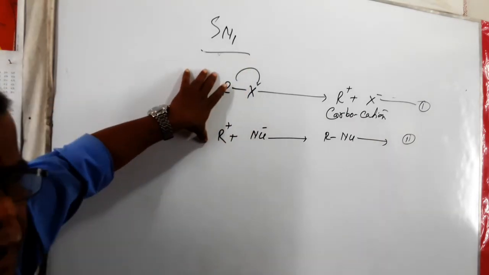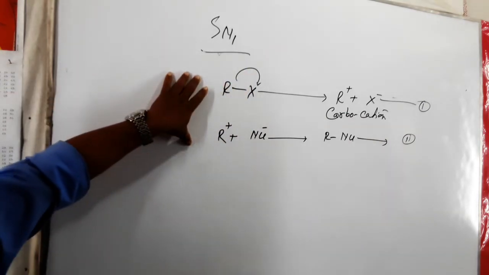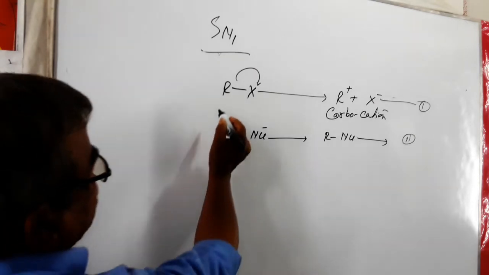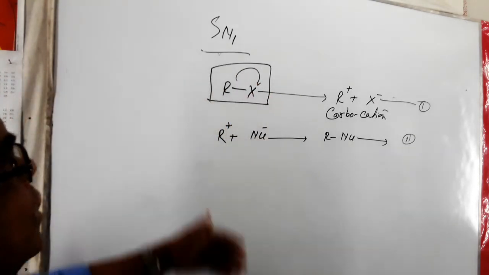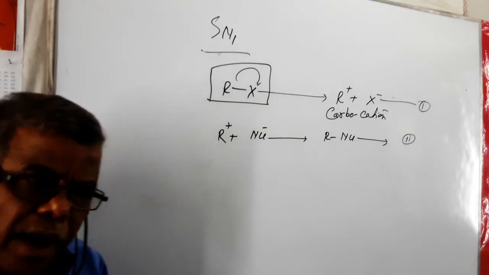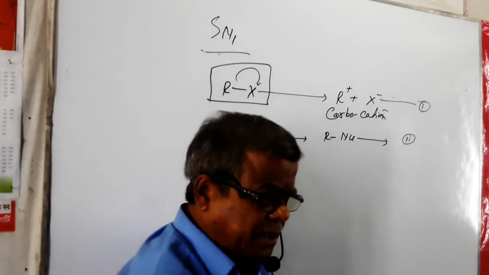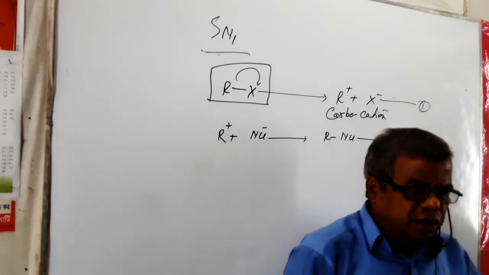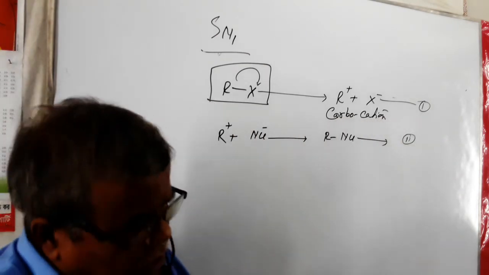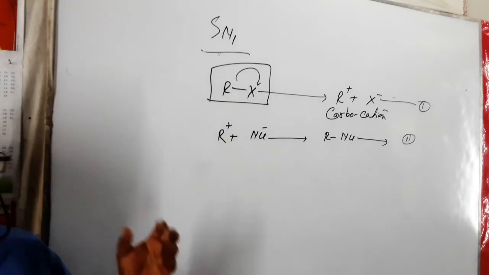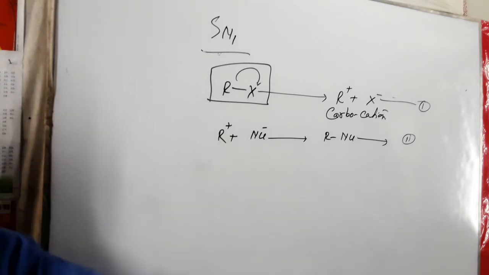The SN1 reaction contains two steps, but it is unimolecular because the rate of the reaction depends on the concentration of the reactant only. So it is called the SN1 reaction.